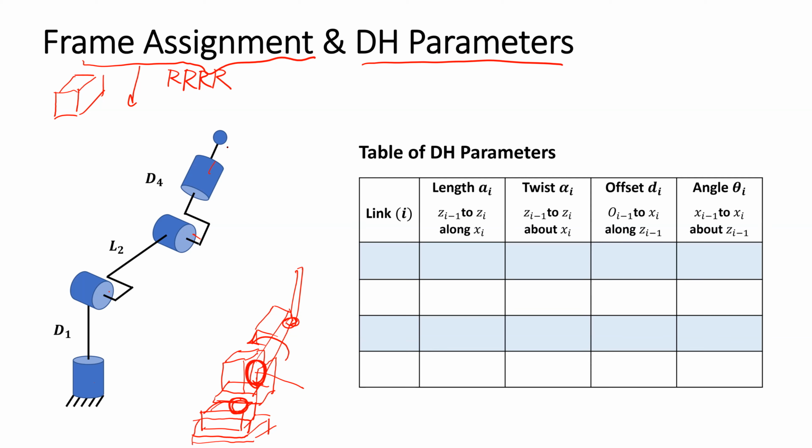Okay, come back to this schematic. If we can successfully design a hardware that has the first revolute joint, the second revolute joint, the third revolute joint, and the fourth one, and this is the end effector, if we can design a hardware that matches with this kinematic, how can we obtain the forward kinematic of this robot?